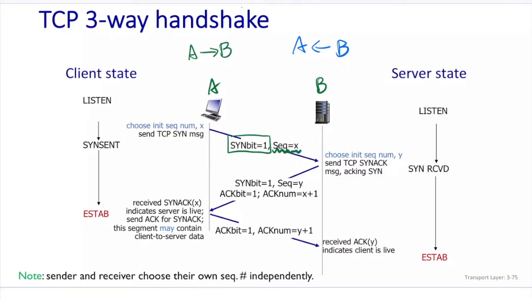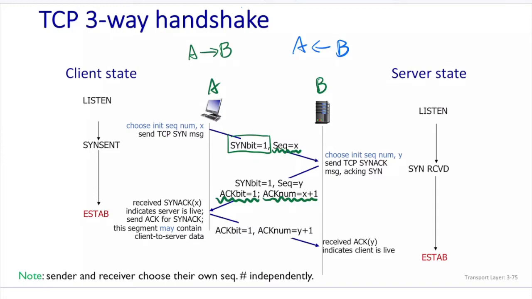So on the right hand side, when B receives such a connection request, it knows, okay, I would like to ACK your connection request. That means I accept your connection request, and I know that your sequence number starts from X. So I expect your next packet should start from X plus 1.